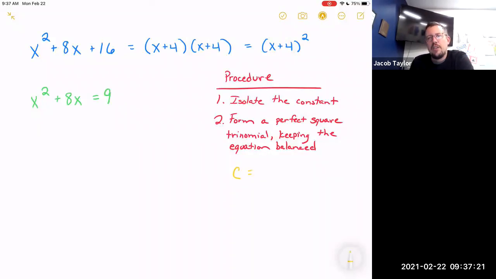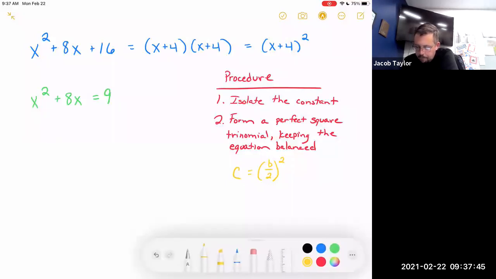The way we find the value C that needs to be added is we take the B value, which is the coefficient of the X, divide by 2, and square. So B divided by 2 squared. So in this problem, our B value was 8.